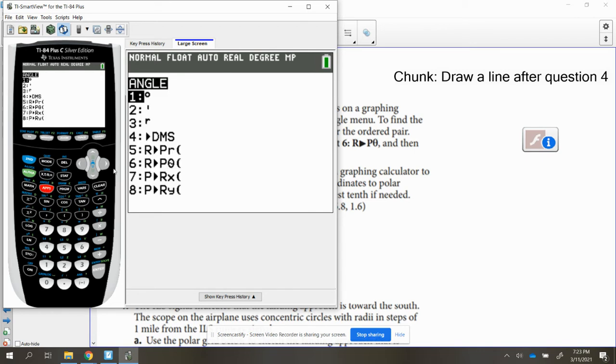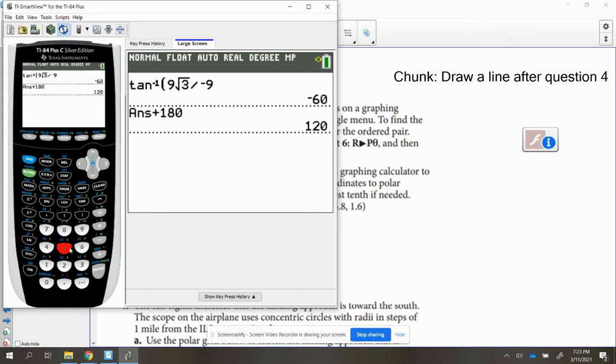So you're in the angle menu, and options 5 and 6 will convert from rectangular to your r and from rectangular to your theta. And to do that, you would type option 5 and then x comma y, and we see we get the 18 for the r value.